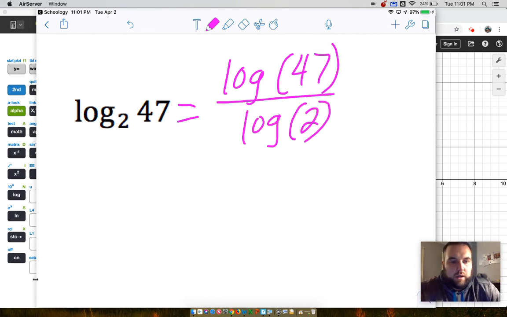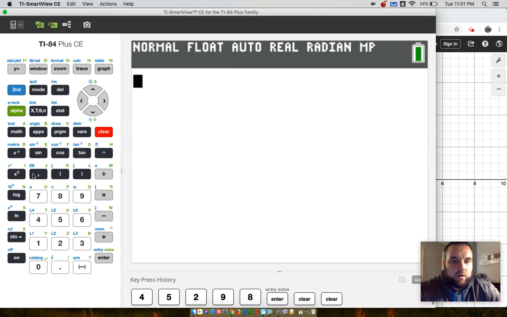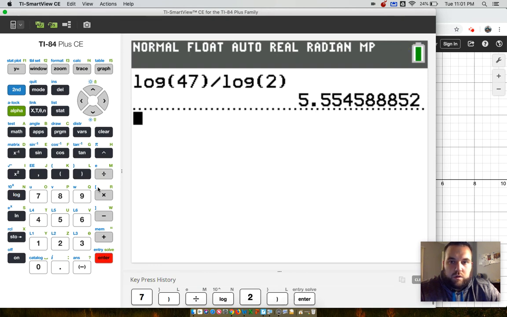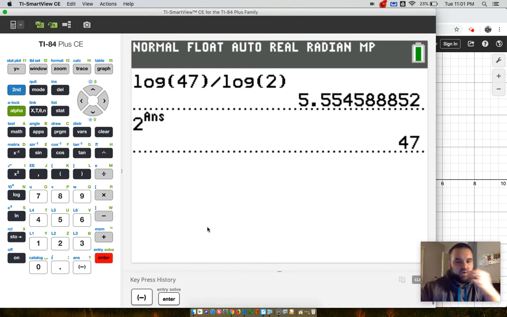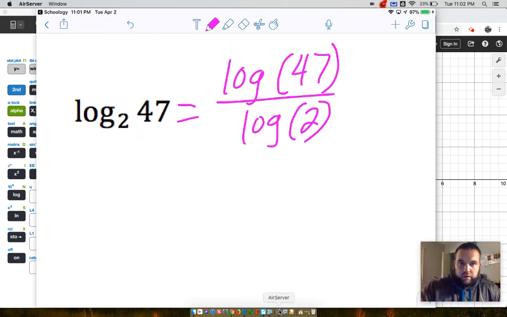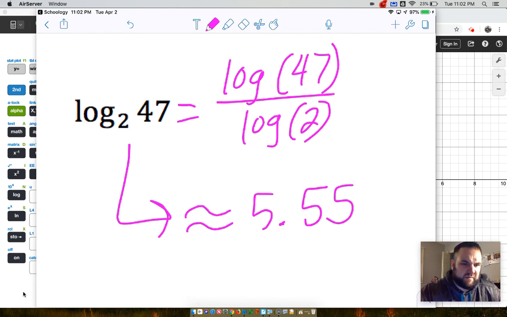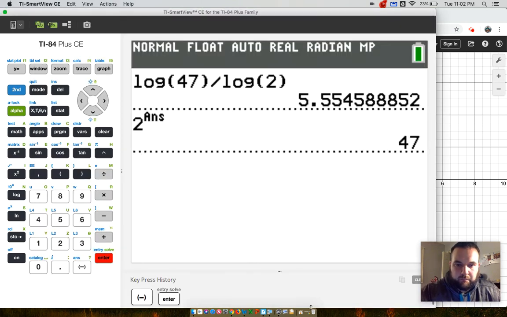In the calculator, log of 47 divided by log of 2. It's 5.55. So if I raise 2 to that power, I should get 47. And sure enough, I get 47 there. So log base 2 of 47 is approximately 5.55. Yep.